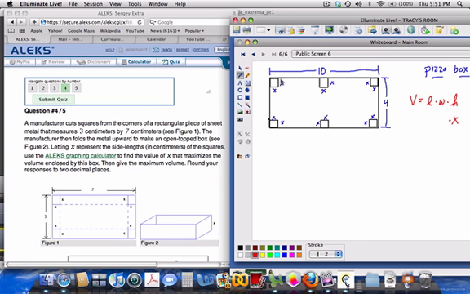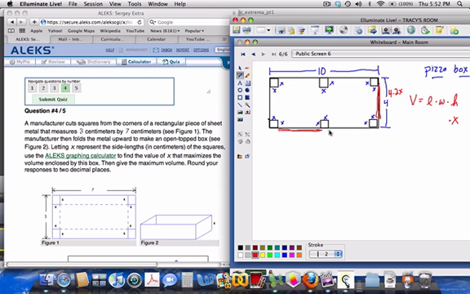So basically we need this distance here and this distance here. And so this side here is very similar to what we just did. Since this whole piece is 4 and you're taking away 2 x's, this is going to be 4 minus 2x. And then this piece right here, this whole distance is 10.